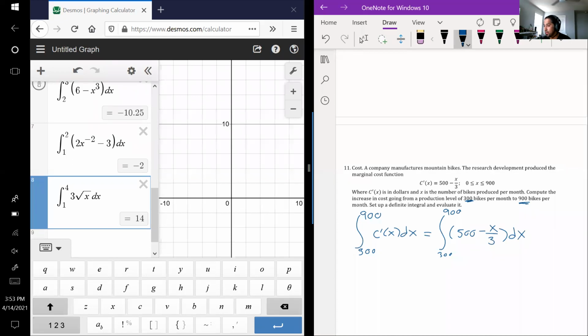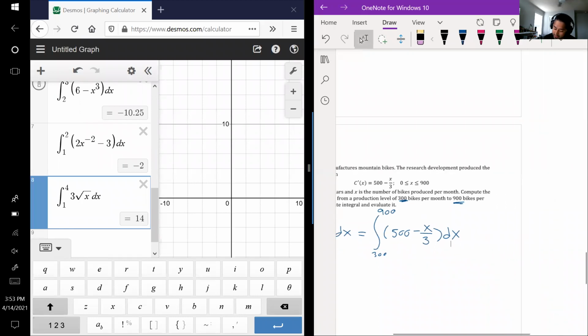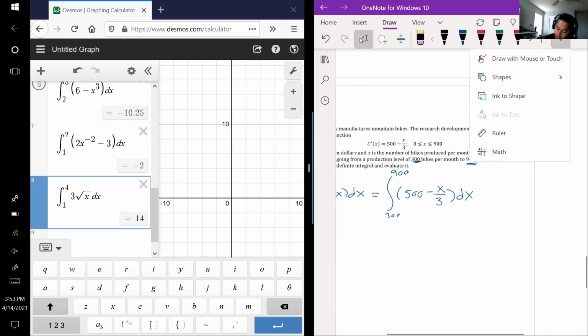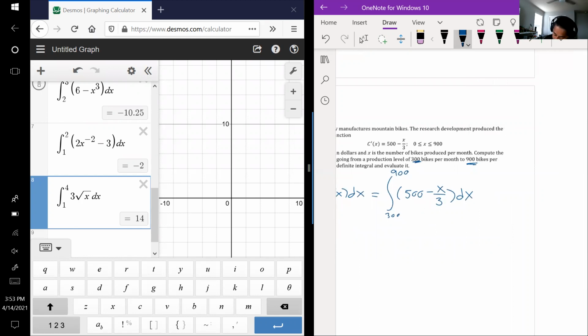dx. Okay, so now we can find the antiderivative, which means, let me just clean this up one more step. I'm going to rewrite this as the integral from 300 to 900 of 500 minus 1/3 x dx.